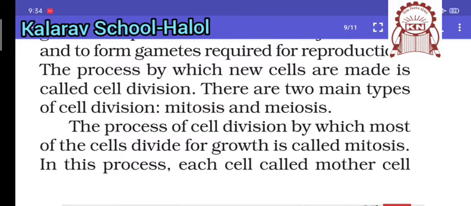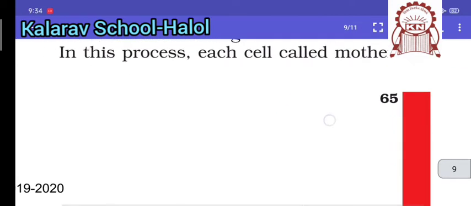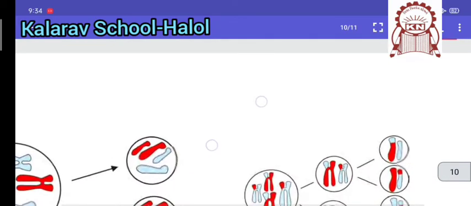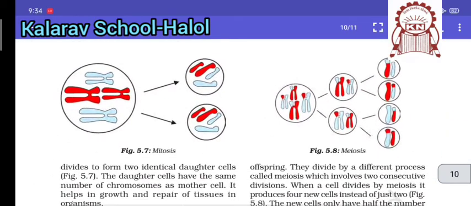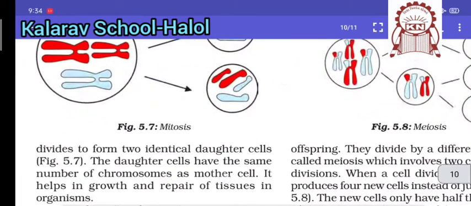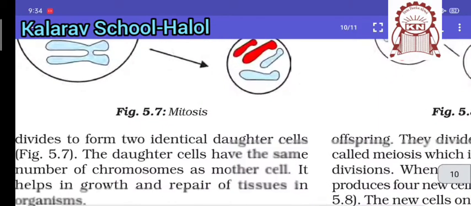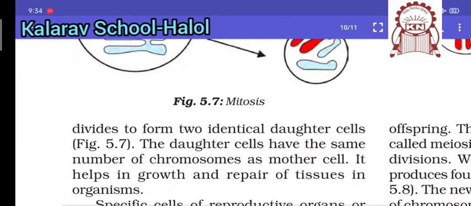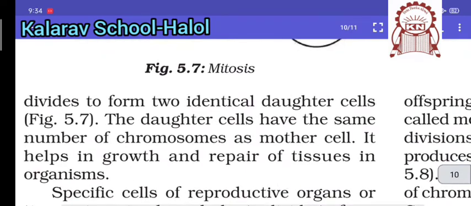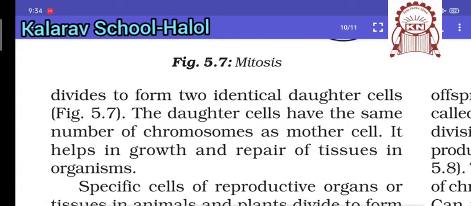In this process, each cell, called the mother cell, divides to form two identical daughter cells. The daughter cells have the same number of chromosomes as the mother cell. It helps in growth and repair of tissues in the organism.